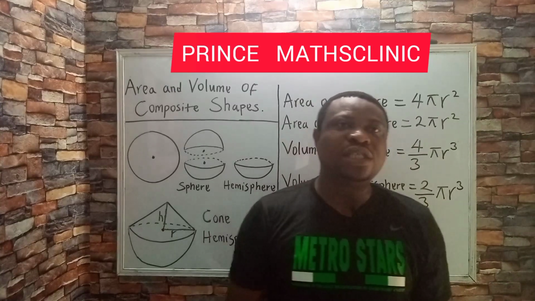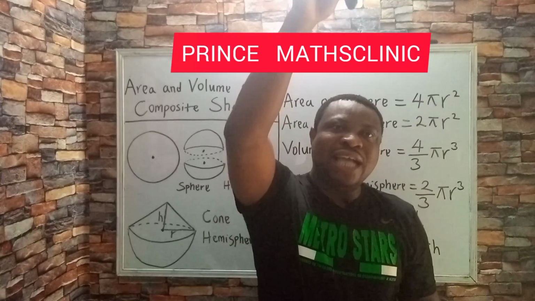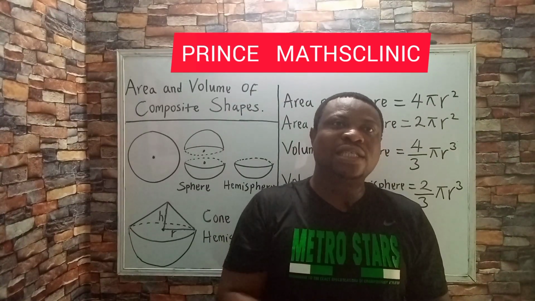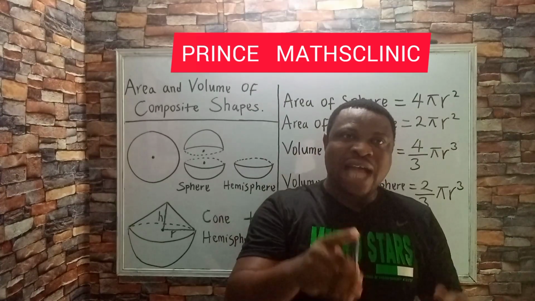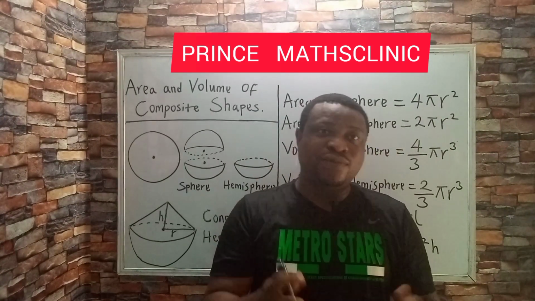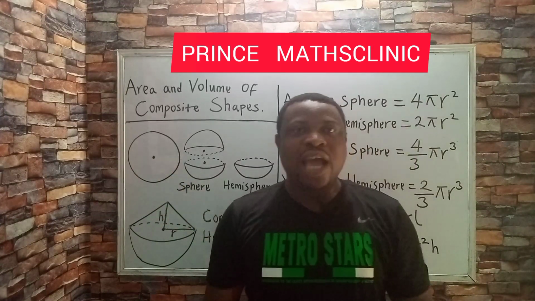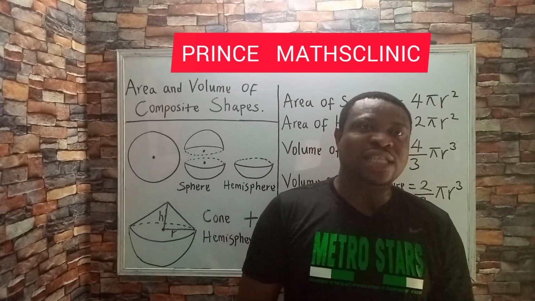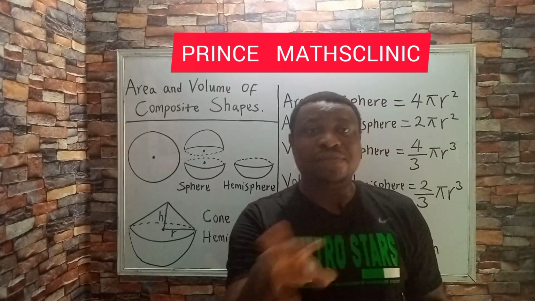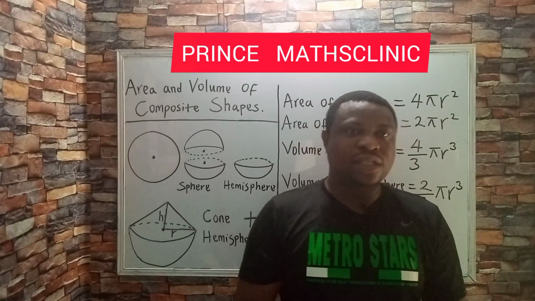If I bring an orange here, I can dissect the orange in such a way that it goes through the center and it divides in such a way that the sphere is bigger than the circle itself. And experimentally, it has been discovered that the sphere is actually 4 times the area of a circle.